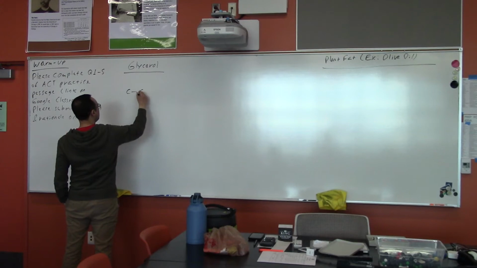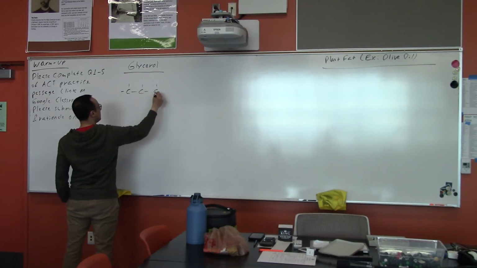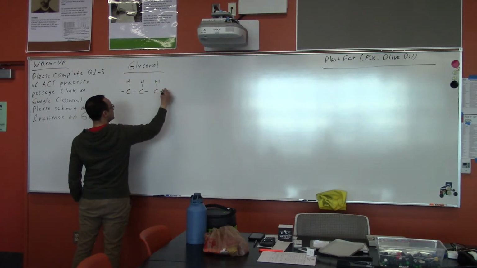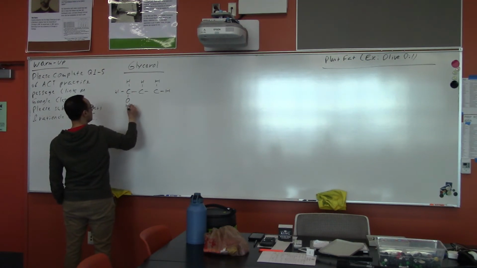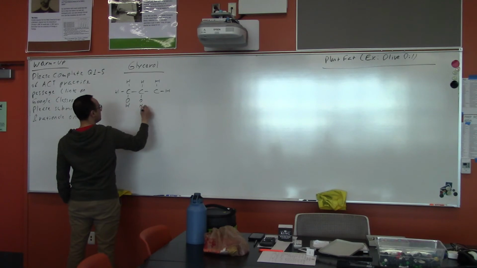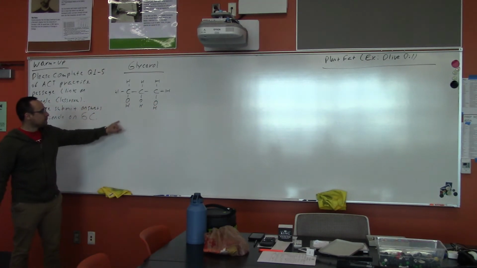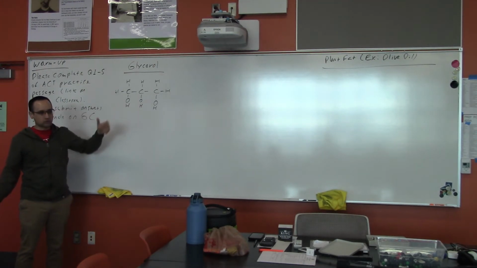It's C, C, C. So it's got a propane or propyl backbone, and you go H, H, H, H, H, then OH, OH, OH, like that. So it's a triol or a trialcohol. There are 3 alcohol groups there.